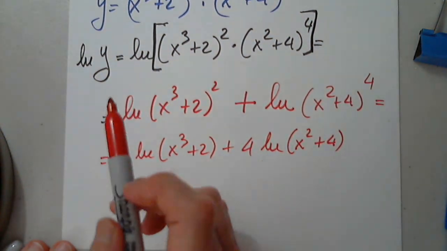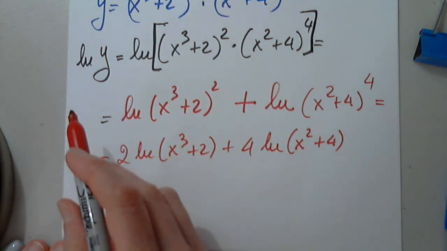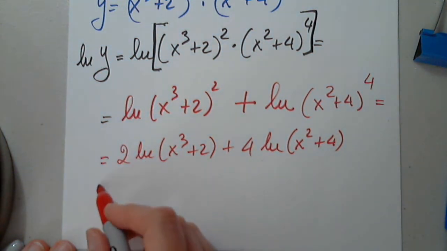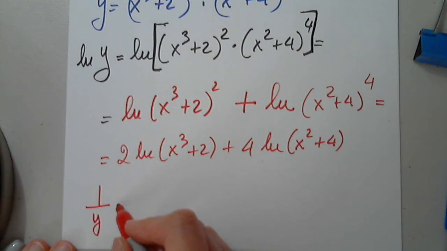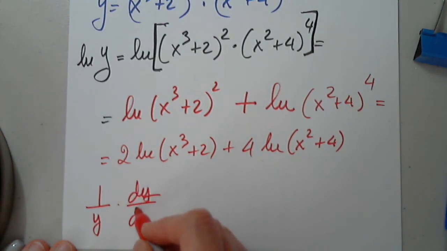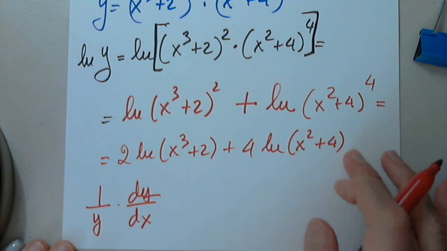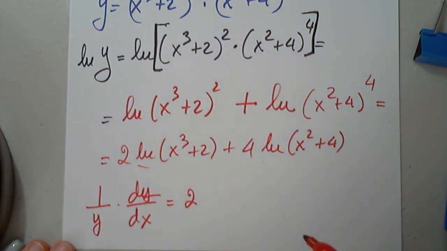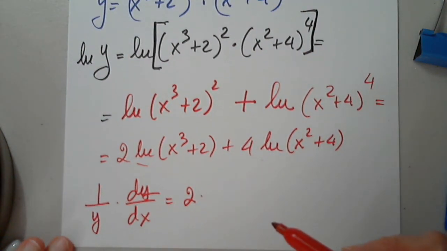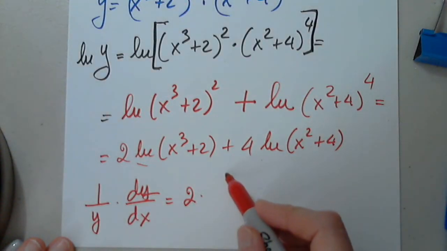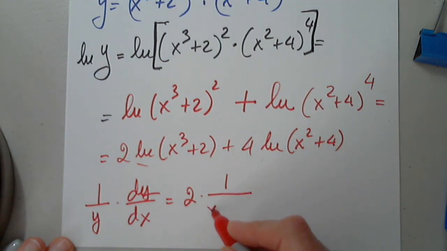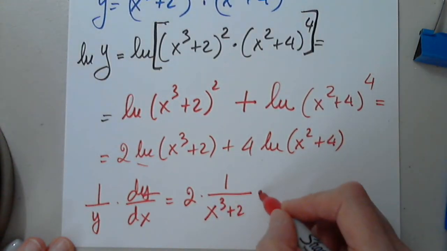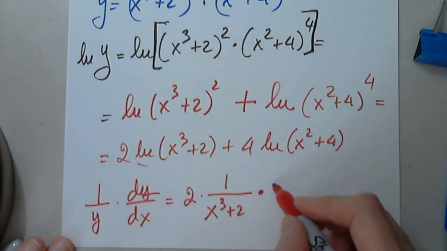Completely simplified. Now I will differentiate natural log. And you already told me many times, 1 over y times dy over dx. And now let's differentiate this. Can anyone give us the derivative of this? Would that be 1 over x cubed plus 2 times 3x squared?